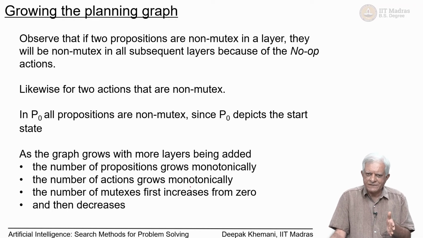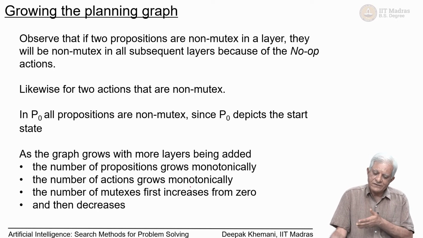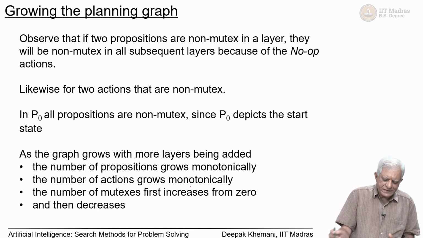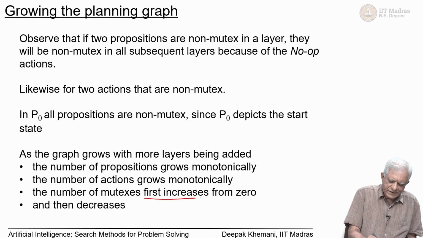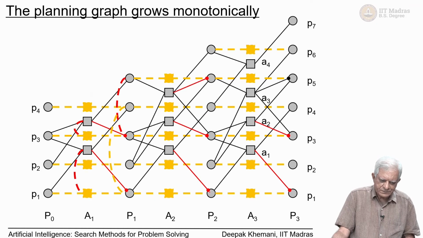But you can imagine that after 4 layers or 4 actions, you can unstack A, put it on the table, unstack C and put it on the table, and both will become non-mutex in the fourth layer. So, mutexes first increase from 0 and then they decrease essentially. So, that is the observation that you should think about.